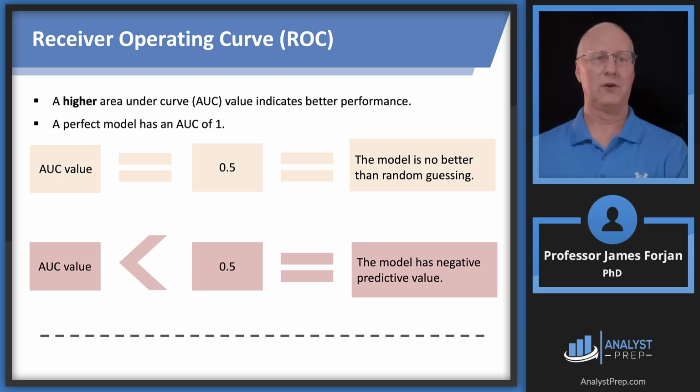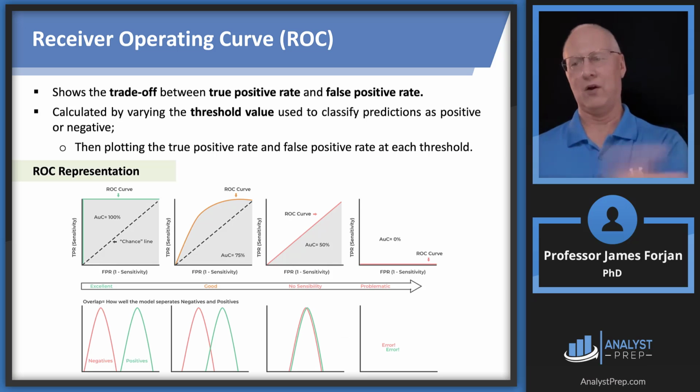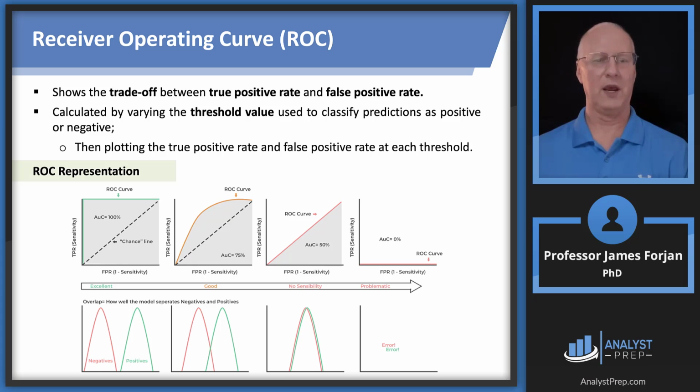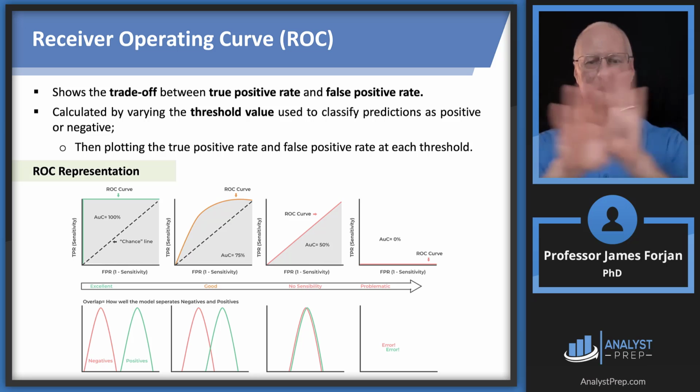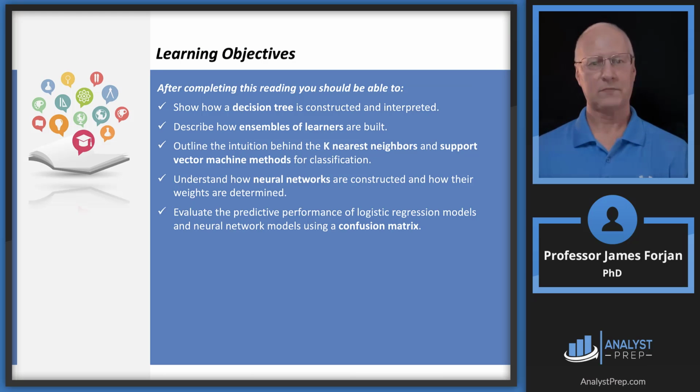If the area under the curve is equal to 0.5, the model is no better than random guessing. If it's less than 0.5, then it stinks. The model has a negative prediction value. So you can see that as we move from 100% all the way over to 0% there. And then the bottom row there, this is just taking the positives and the negatives and kind of lumping them together, kind of taking an average.